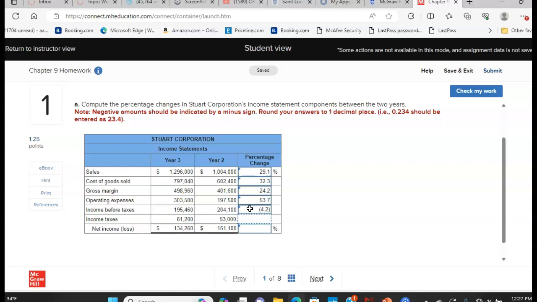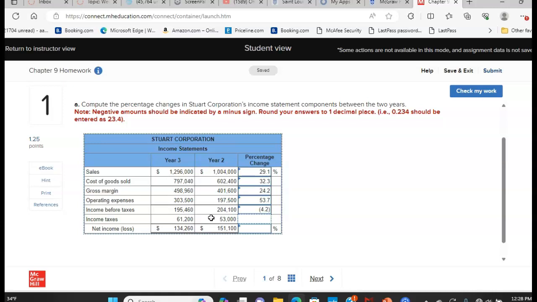And then for the income taxes, I'm sorry, the income taxes actually went up, although the income before taxes decreased, which would mean that the income tax percent must have increased. So now we'll take the 61,200 minus 53,000, and that gives you 8,200.